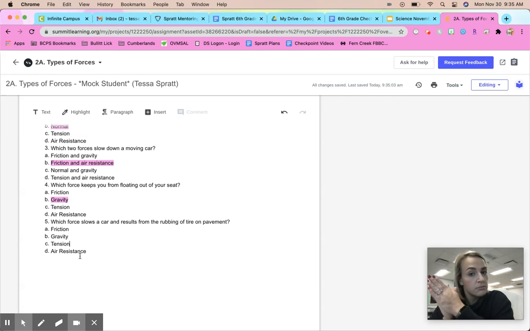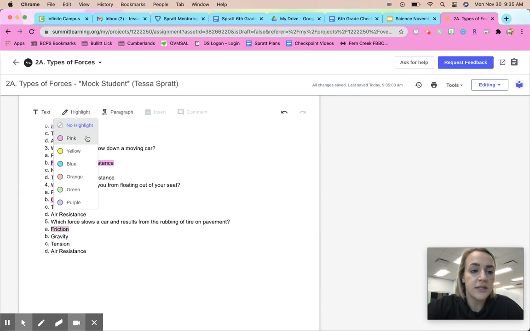Friction, gravity, tension, or air resistance. It's going to be friction. That word rubbing is really the key to knowing that it is friction that is causing the tire on the pavement to slow down.